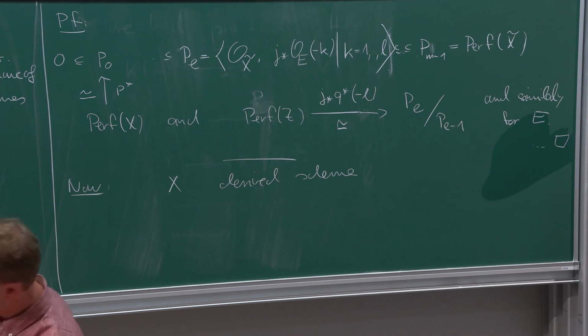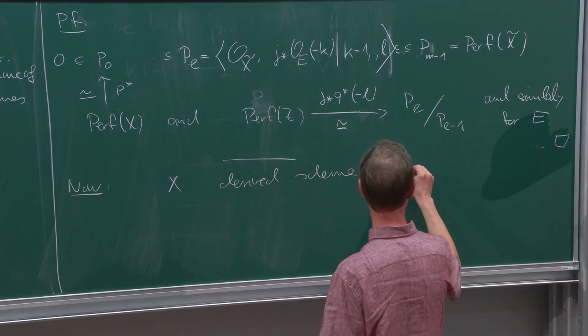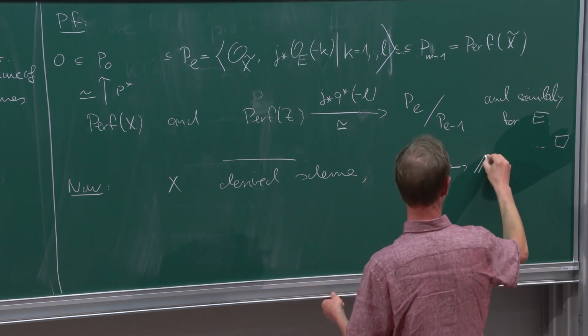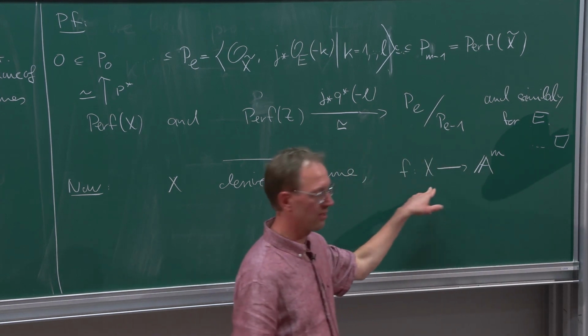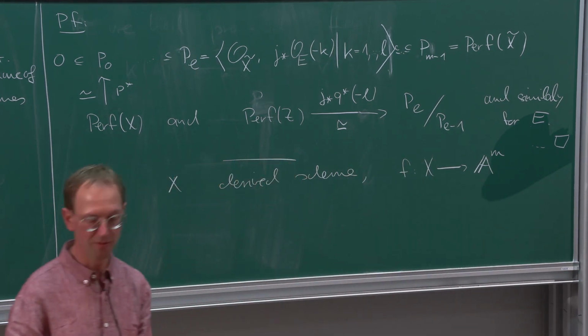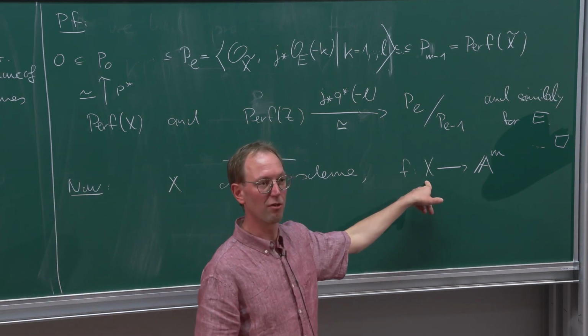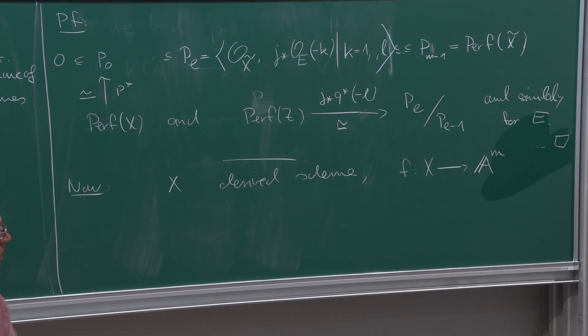So let's say this comes equipped with a map f from X to the affine space, or in other words, again over the integers, this is just m elements in pi0 of this ring. So this in particular defines a zero locus of these functions, and this I want to blow up somehow. Yes.